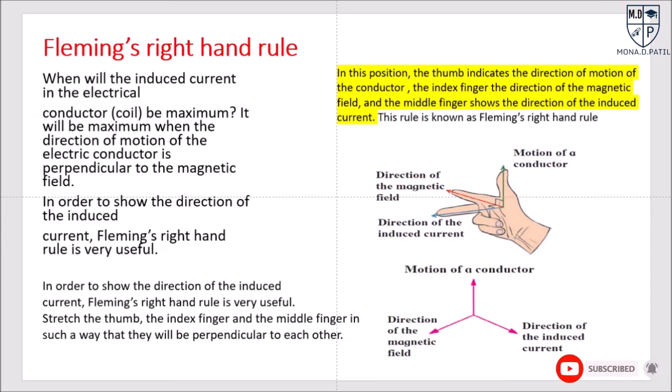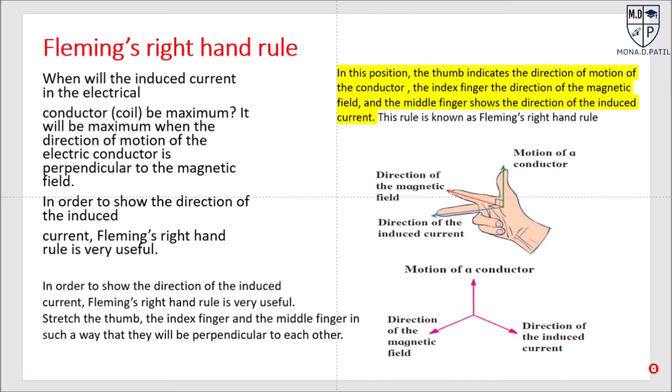Then Fleming's right hand rule. When will the induced current in the electrical conductor or coil be maximum? It will be maximum when the direction of motion of the electric conductor is perpendicular to the magnetic field. In order to show the direction of the induced current, Fleming's right hand rule is very useful.